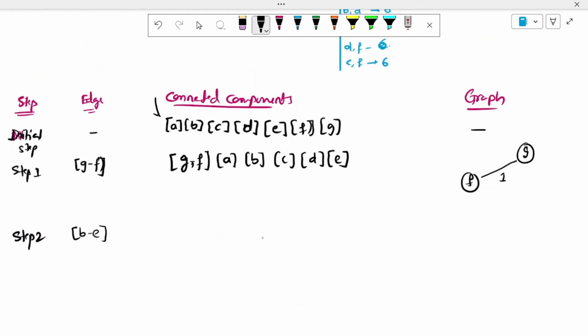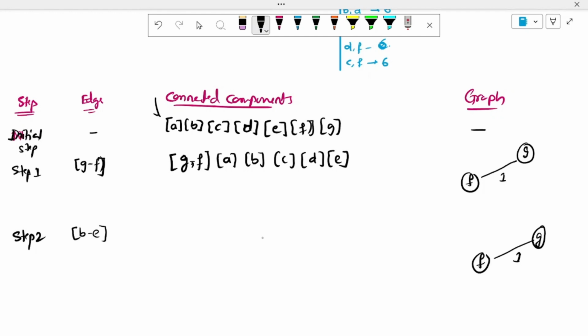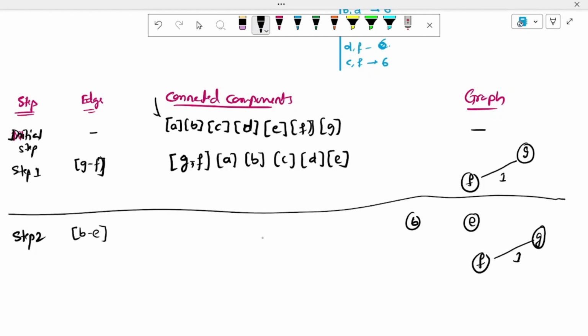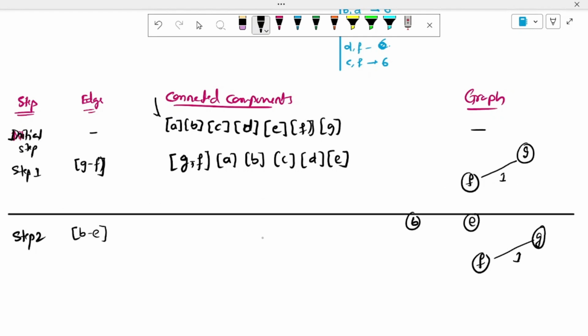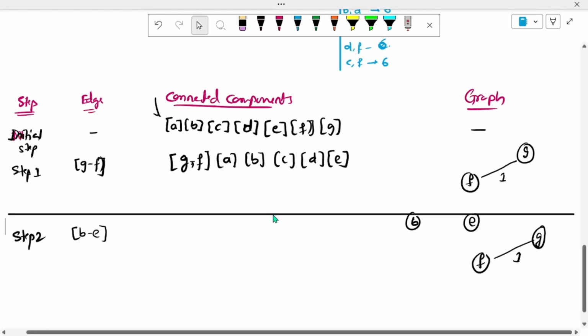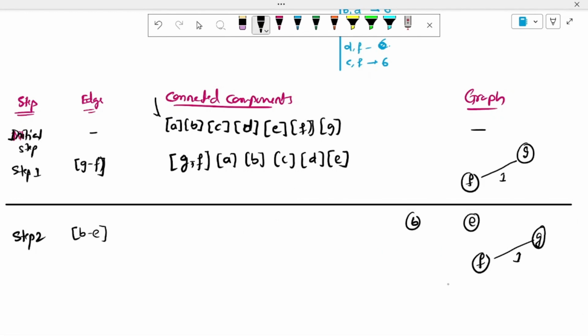When I take BE, I find that I got F, G from the previous step, and then from here I got B, E. Now our graph is going to become this much. Let me put a line here. You know why the line came here. And this BE is going to be 2.